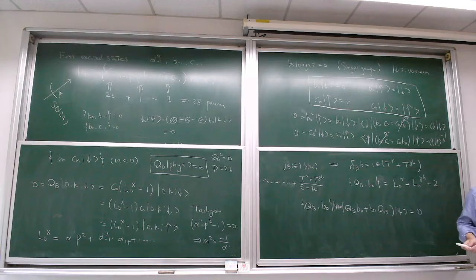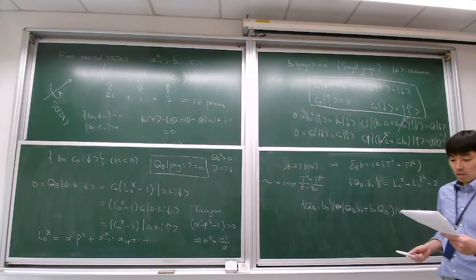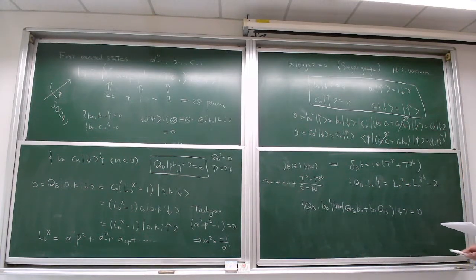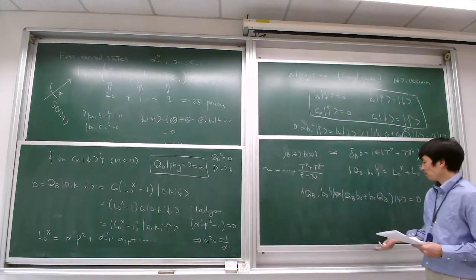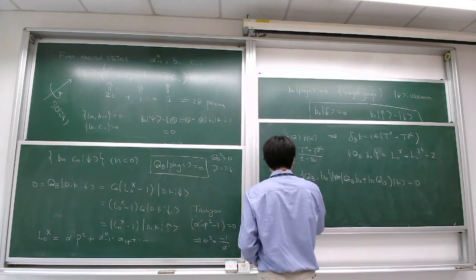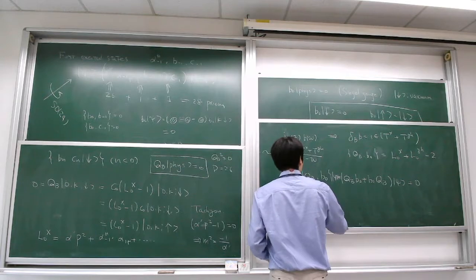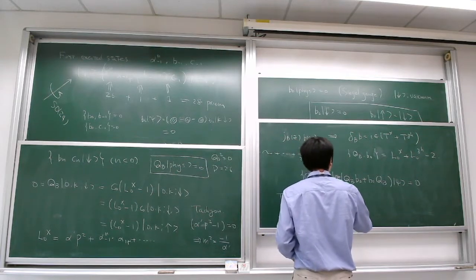Is the definition of L ghost... Oh, thank you very much. Okay. L ghost is, T ghost of Z is expanded as the sum of L ghost n Z to the minus n minus 2.